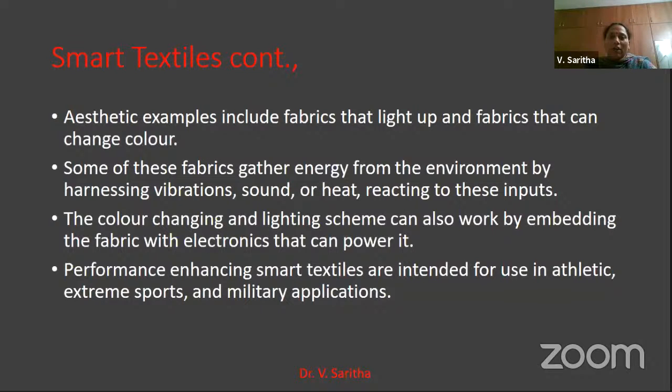So when we know that we are facing such a problem, definitely we'll try to overcome it, using some kind of meditation, for example. This kind of help could be made in order to increase the performance of the individual. So that is the reason this category of smart textiles is named performance enhancing.